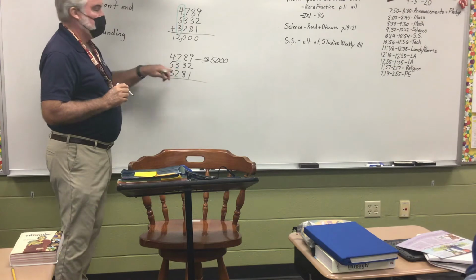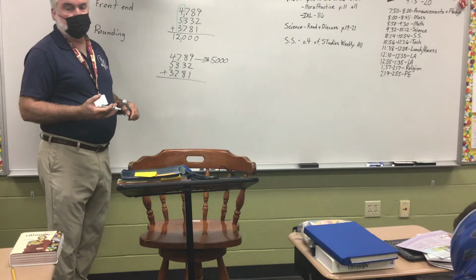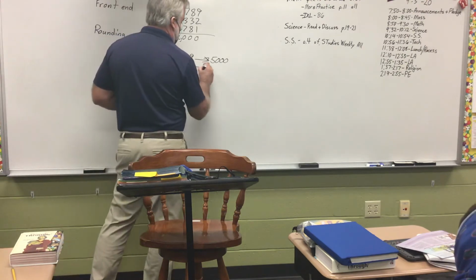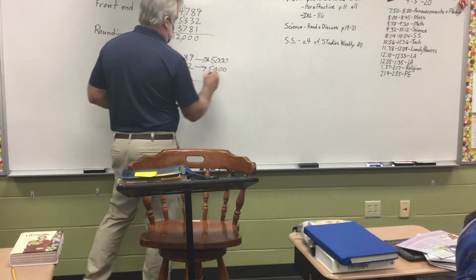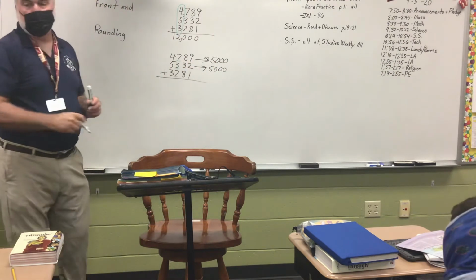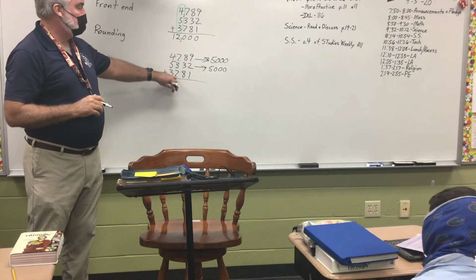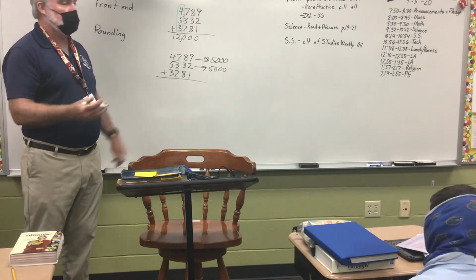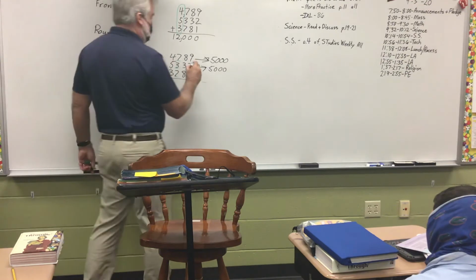This one has a 3. 3 is below 5. So that means we keep this one the same, and everything thereafter becomes zeros. You have a 3, but this is a 7. 7 tells the 3 you've got to go up 1 because 7 is above 5.